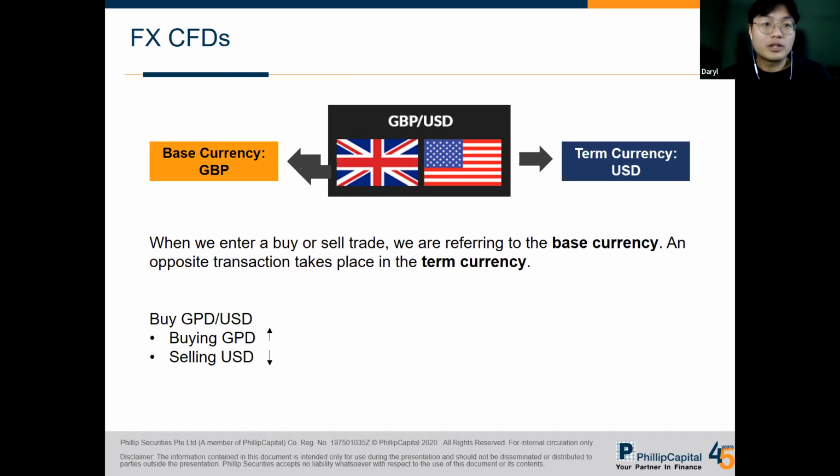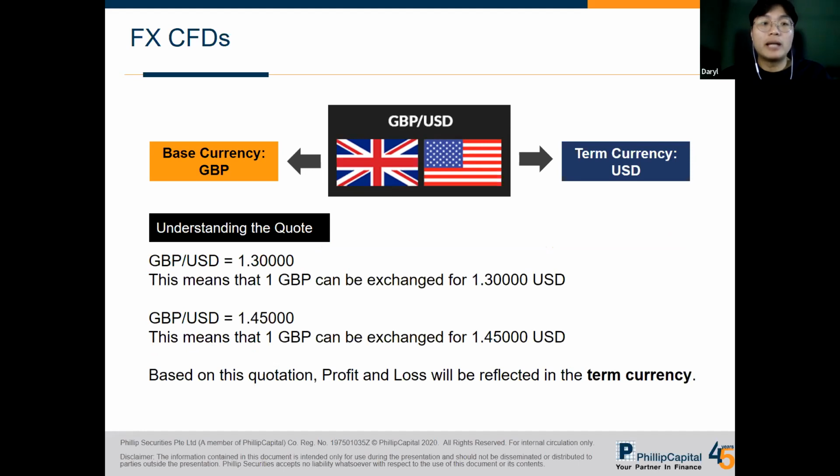For pound USD, pound is the base currency and USD is the term currency. For example, if we want to buy pound dollar, what we are actually doing is buying pound and selling the dollar. We are hoping that pound increases and the dollar weakens.